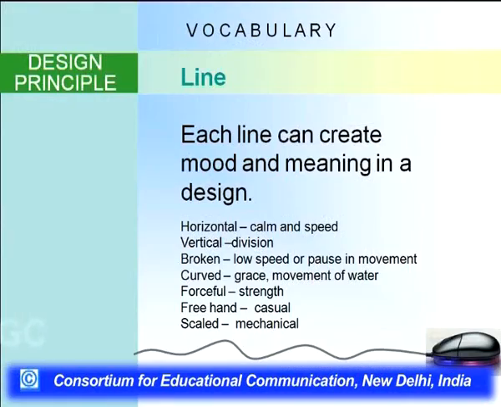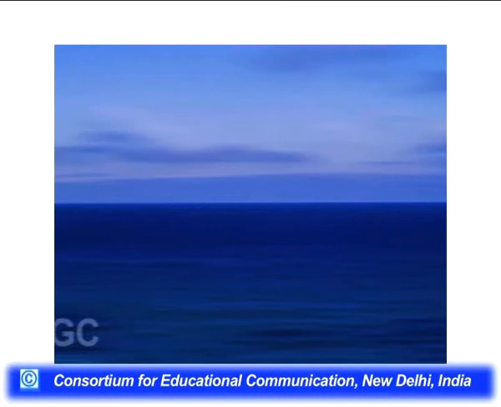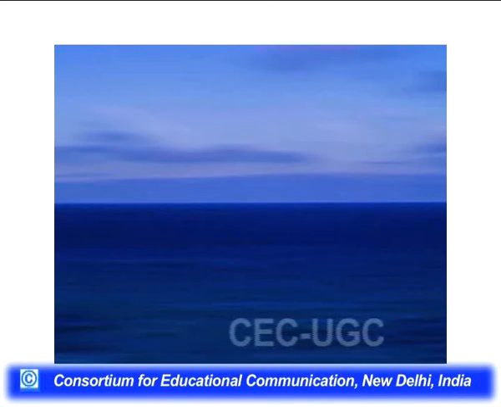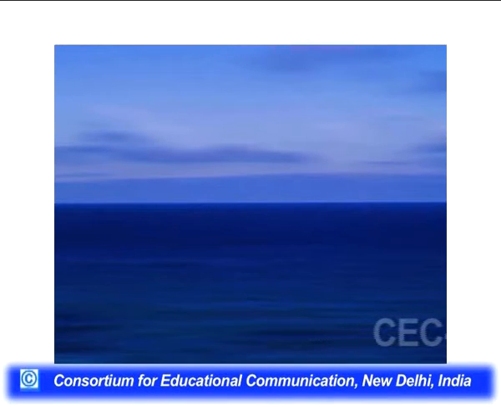Freehand line. If you can draw a sketch of a human being, then it will be a freehand line. But if you draw it with a scale, then it will be too mechanical. Let us look at some examples. See the example of the straight lines, the sea and the horizontal lines. You just find a horizontal line, that is the calmness of the sea.